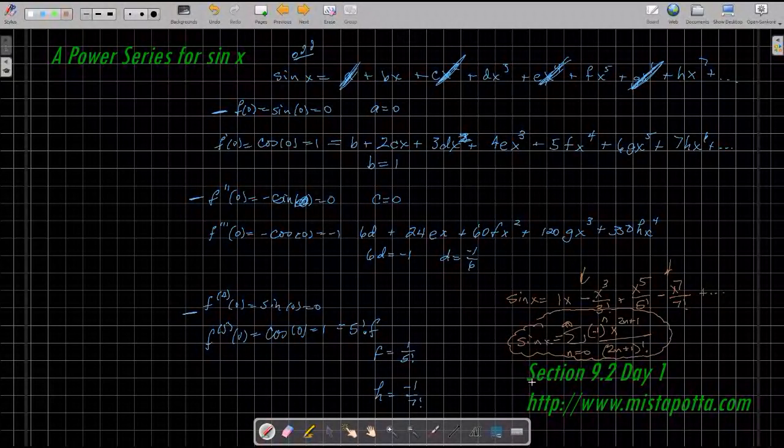I can do the exact same thing for cosine.